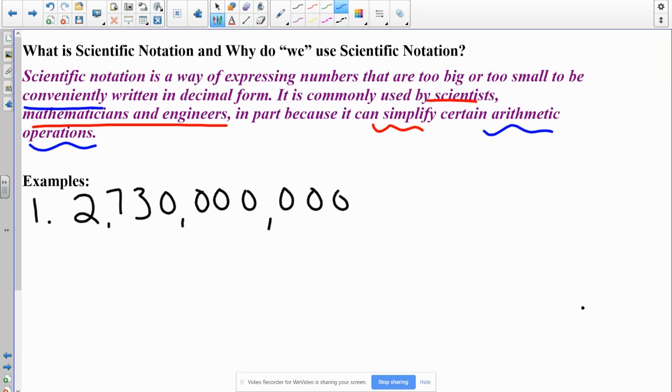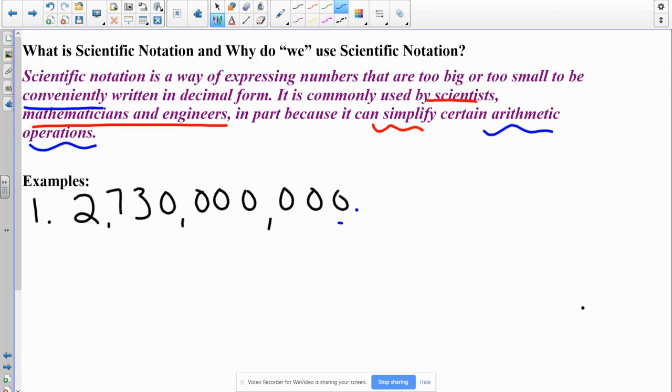So the first step is to take this large number, and we're going to move that decimal all the way until we get what we call the mantissa between 1 and 10. So I'll show you what that looks like. First of all, where's that decimal? Well, any whole number, the decimal's at the end of a whole number because this is the place value of ones, and so that decimal is to the right.